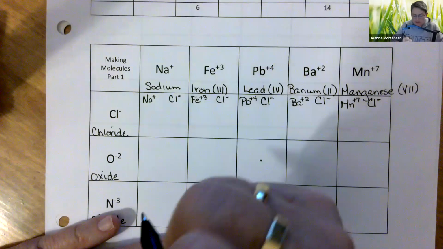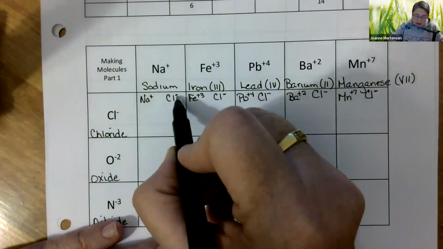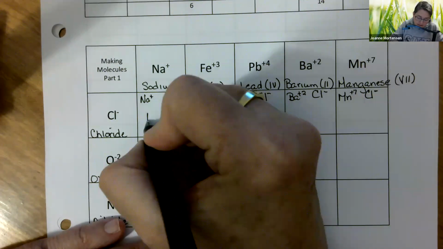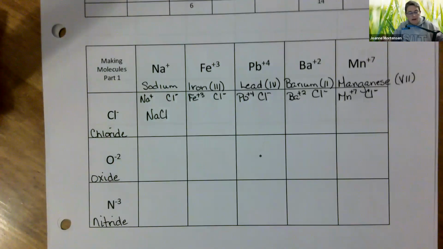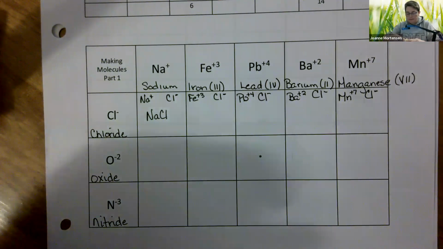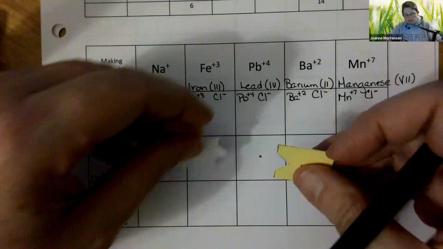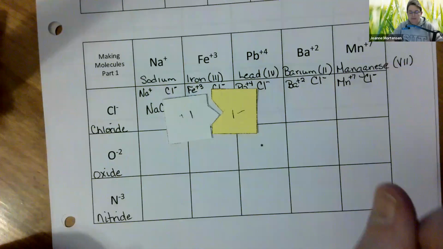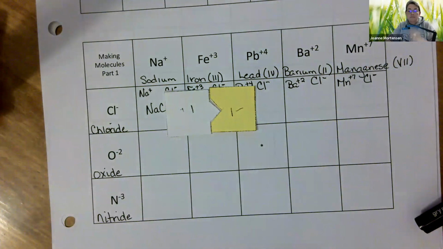Now, when I cross my charges, number 1 is if the numbers match, all you do is bring them down together. So this becomes NaCl, which you've probably already seen. It takes 1 sodium, 1 chlorine. Done. Everybody gets this one.